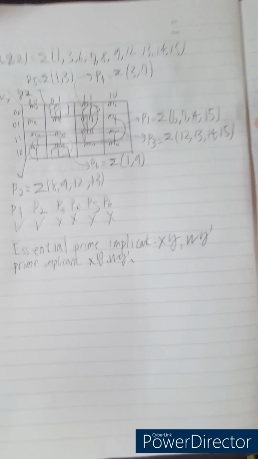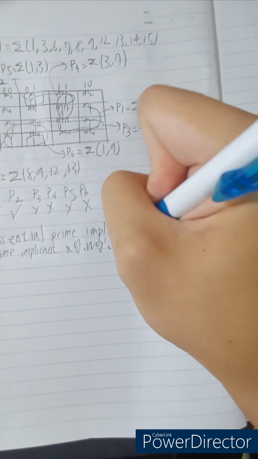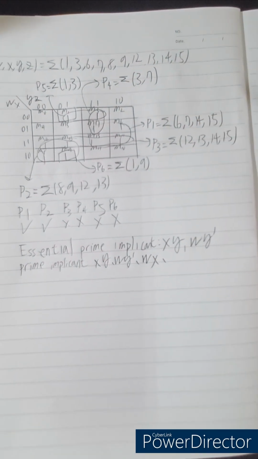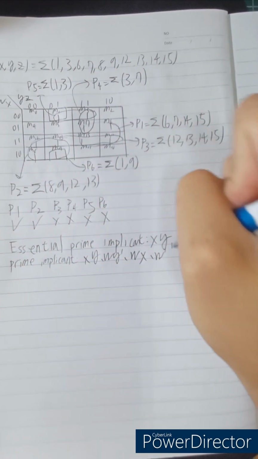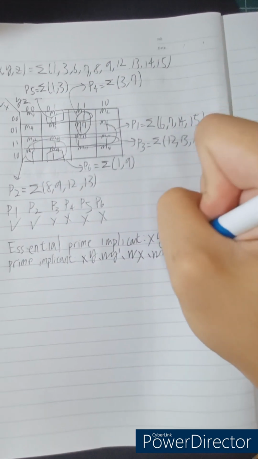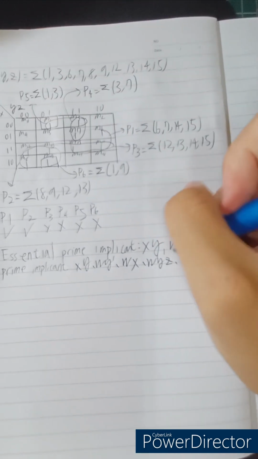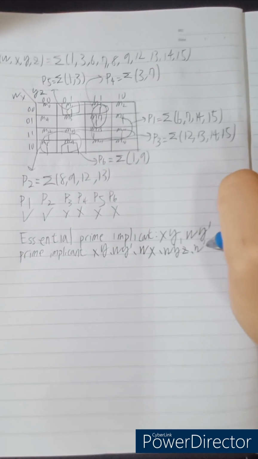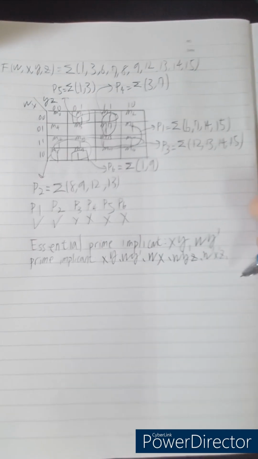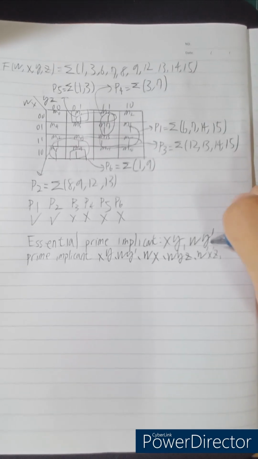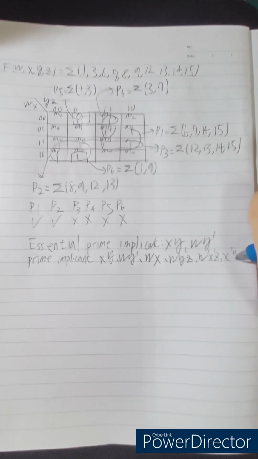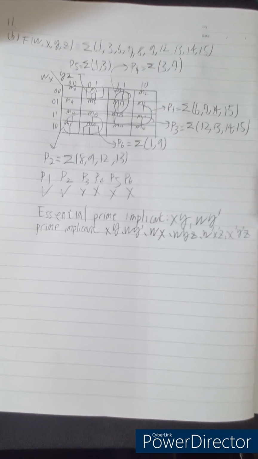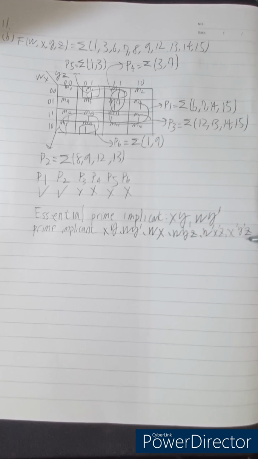P3 is W and X, and P4 is W prime and Y Z. P5 is W prime X prime Z, and P6 is X prime and Y prime and Z. There is our final answer.